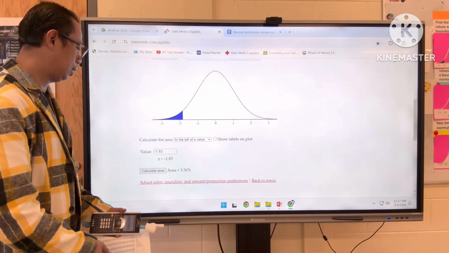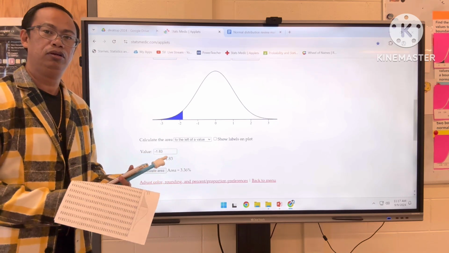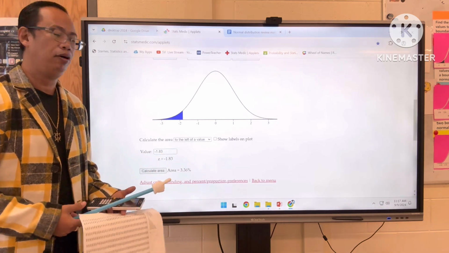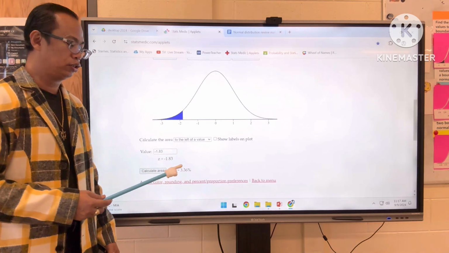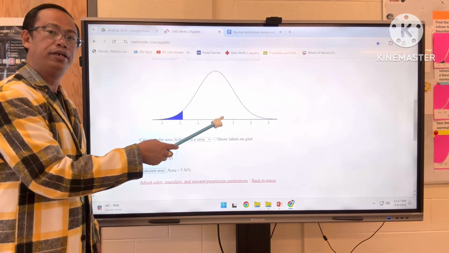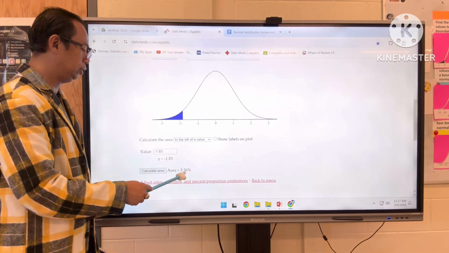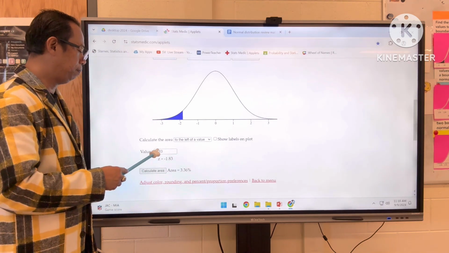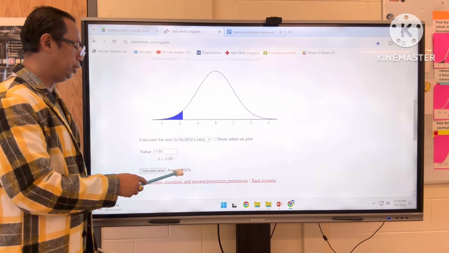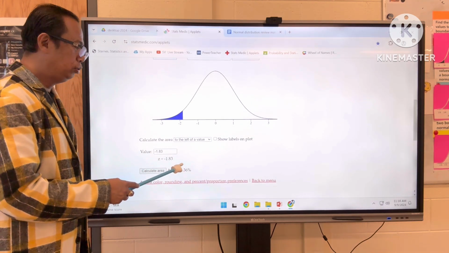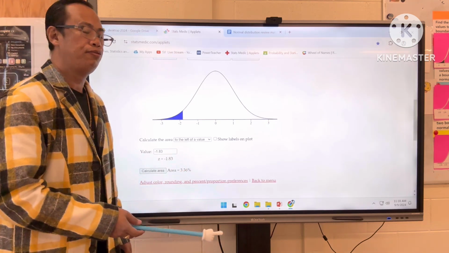Okay, you click that, and then you got the value already, no? Immediately you can get the value out of the applets. And you can also copy the diagram, the normal curve. So the area is still 3.36, you see? You simply put the value of the z-score and then you got the area already, no? No need to calculate too far, no?